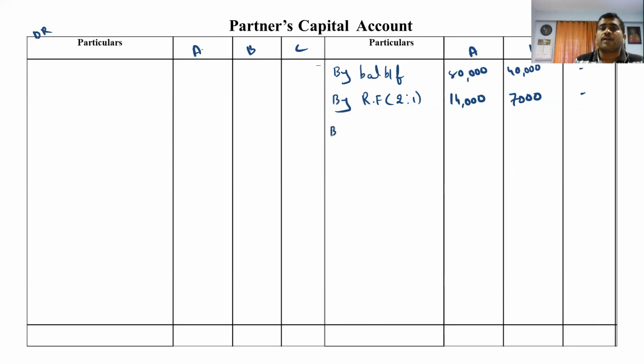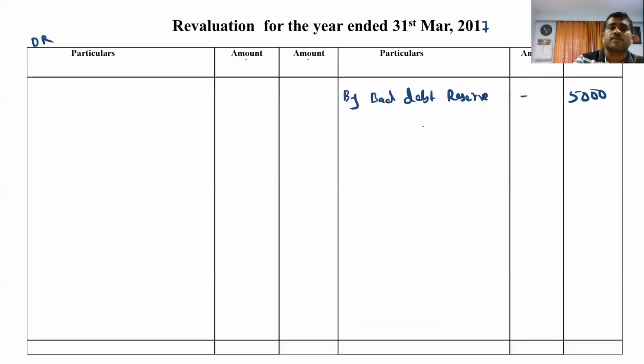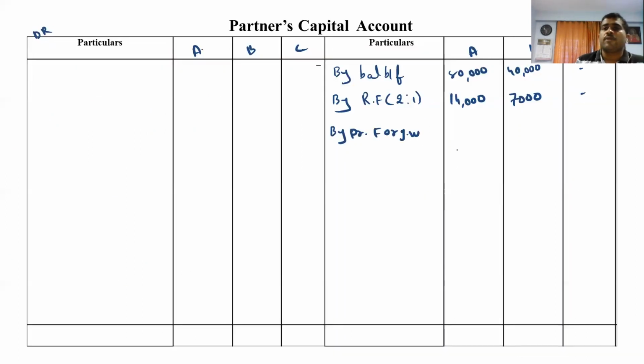Here we write by premium for goodwill. That 45,000 we have to distribute. That is 15,000 and 30,000. Right, 15,000 and 30,000. So by premium for goodwill, it comes 15,000 and here it comes 30,000.